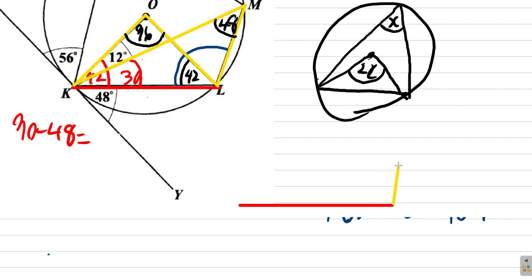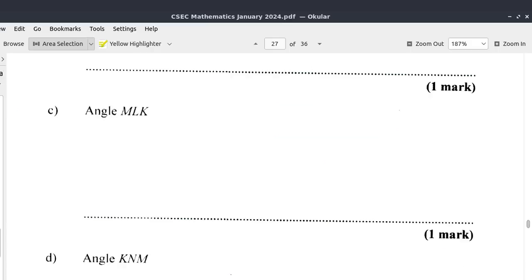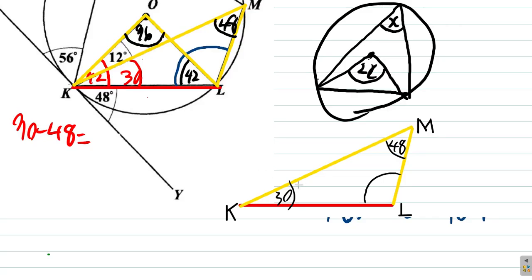You have M up here. So this is 48 degrees. This is 30 degrees. So what's this angle, MLK? This is what we want.